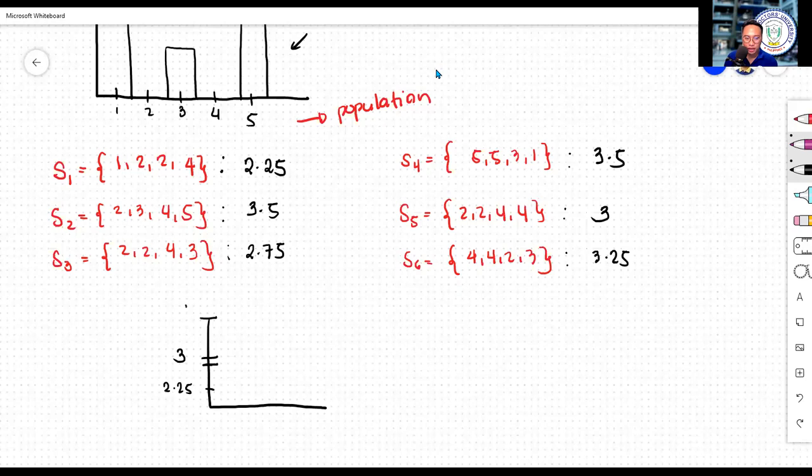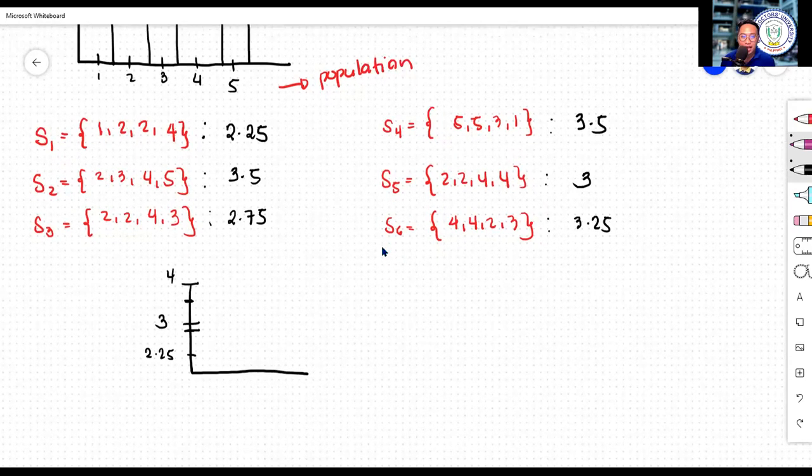So let's say this is 4 here, so somewhere here is 3.5. Okay. So S1 is 2.25, so that's going to be S1. S2 is 3.5, and that's equal to S4. So S2 and S4 are the same.